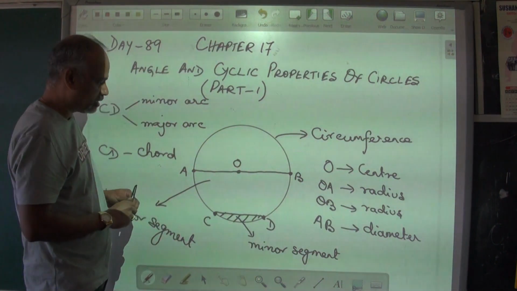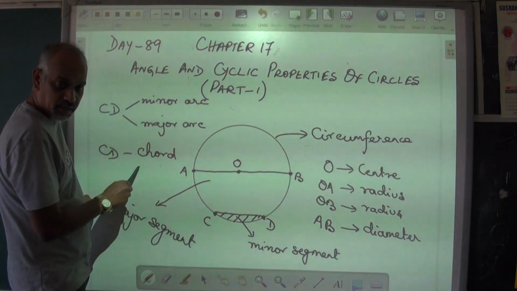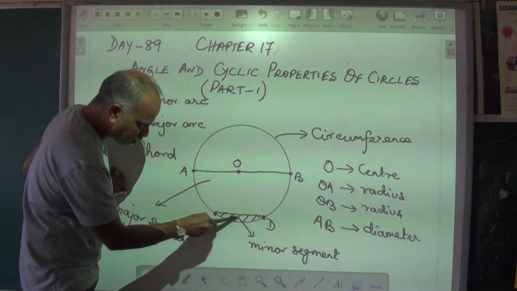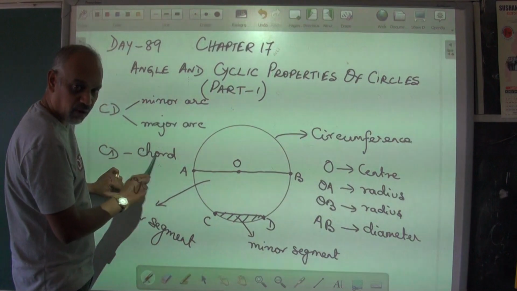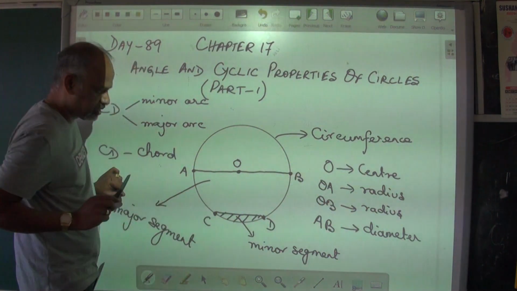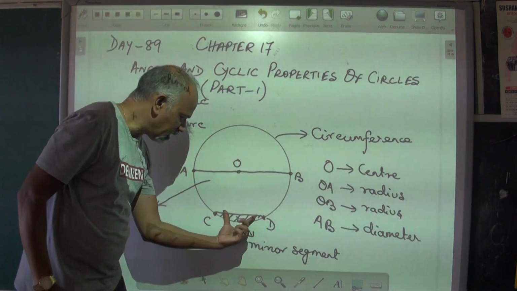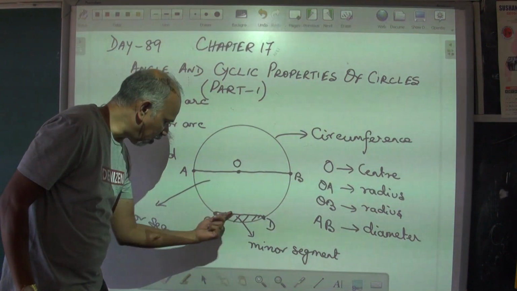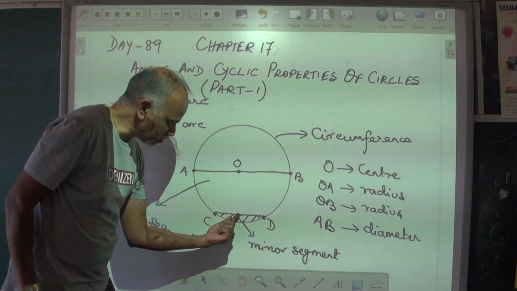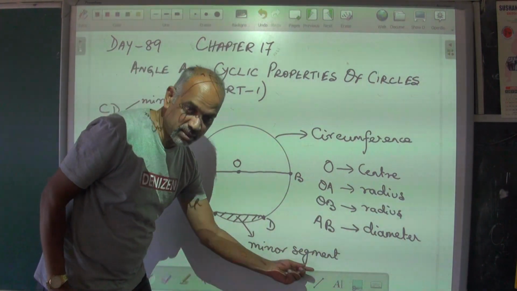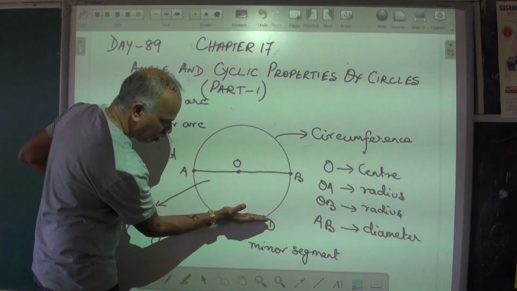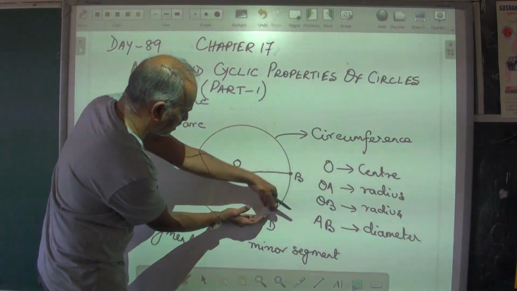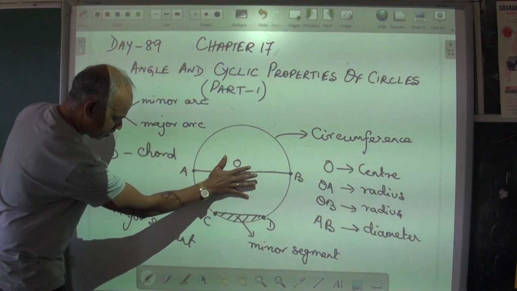This straight line is also joining C and D, so that's also CD. CD can be a chord, which is a straight line. CD can also be a portion between the chord and the minor arc, so CD is a minor segment. CD can also be lying between chord CD and major arc CD, which is this unshaded portion, which is called the major segment.